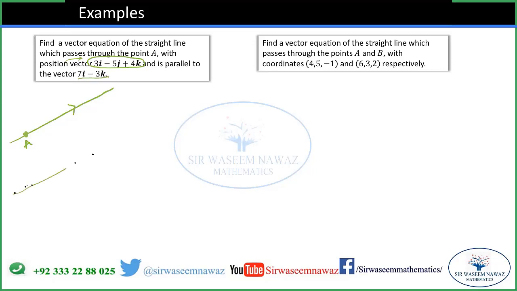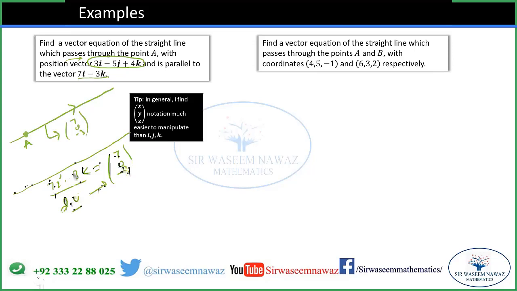So it means there is another line that is 7i minus 3k. So how can I write this 7i minus 3k? I can write it as 7i, 0j and minus 3k. So this is my direction vector. Since they are both parallel, for this line we have the same direction vector 7, 0 and minus 3.